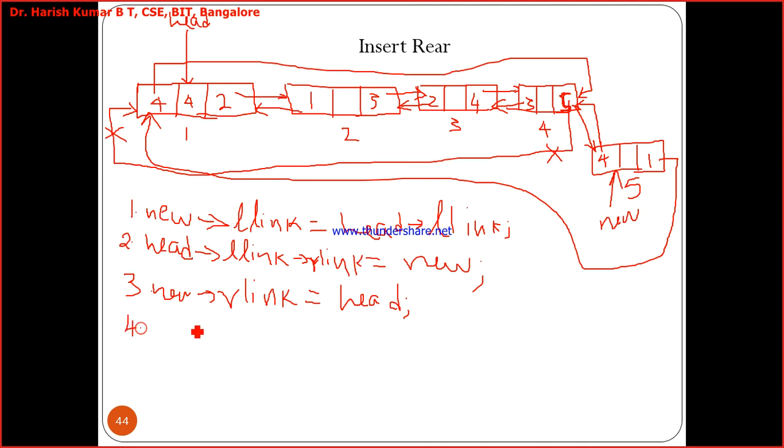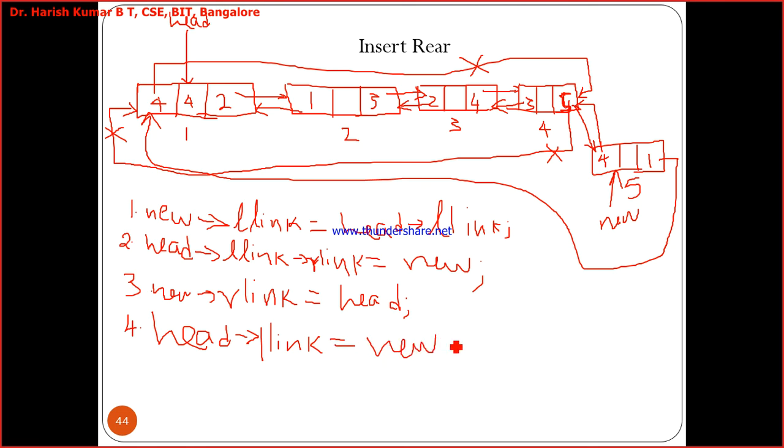Now you go for replacing the left link of the head node, because the left link of the head node is now holding the address of this node, and this is not the last node now. You should break this link and build a new link from the head to this last node. How to do that? Head arrow L link is equal to new.